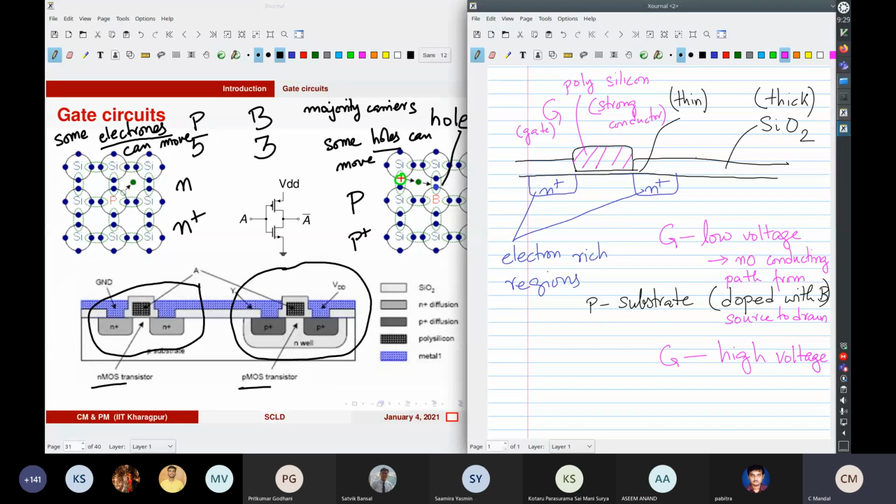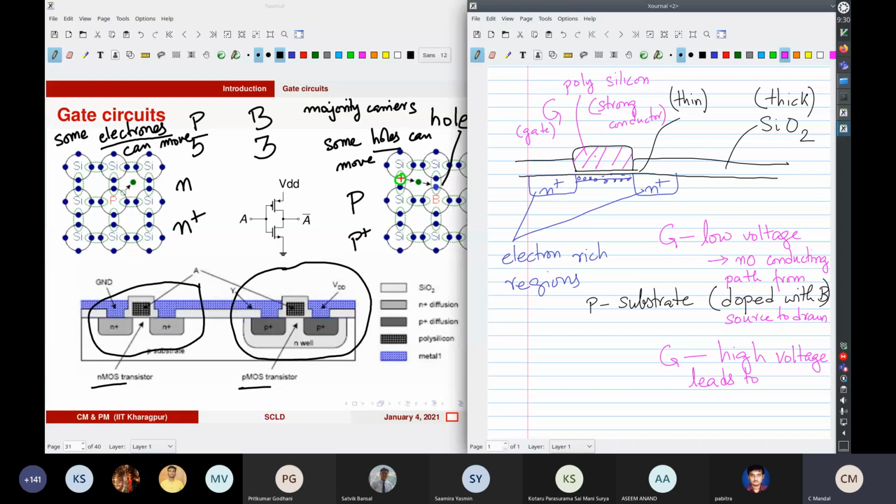Suppose you bring it to a high voltage. Because high voltage means this is electron rich, you'll have some electrons coming here, and you have a channel. Basically, it forms a channel over here. So high voltage leads to channel formation, because there is an electric field.